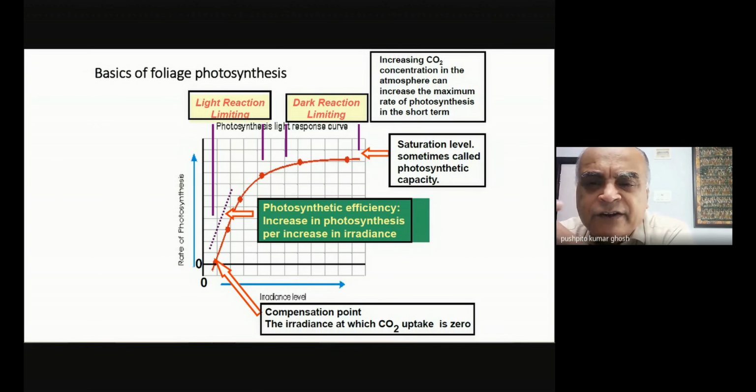But if I'm producing ATP, I'm producing NADPH, and if the Rubisco cannot take any more CO2 and convert it into phosphoglycerate, what's the point?